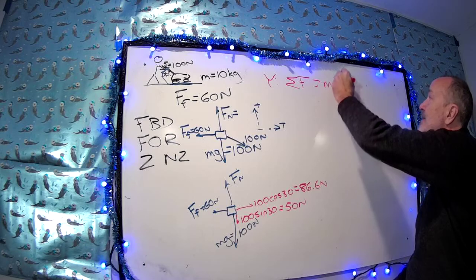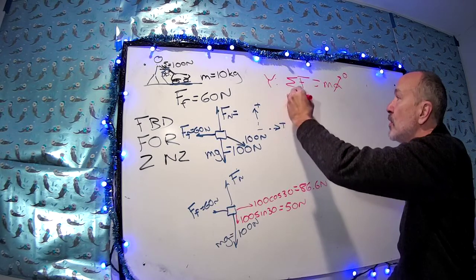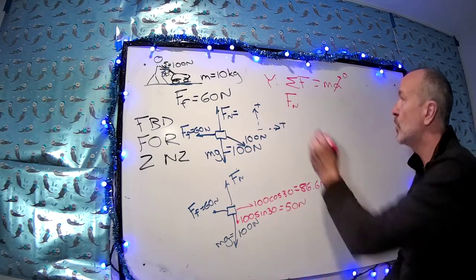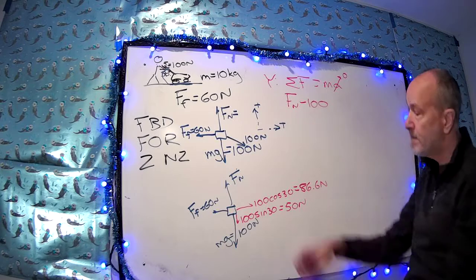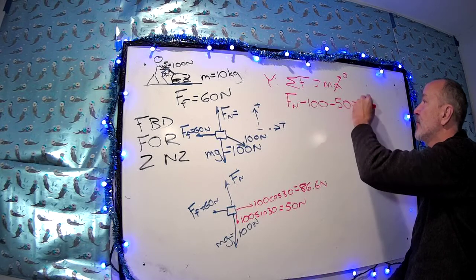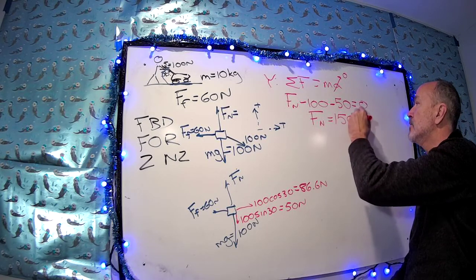So this acceleration is going to be 0. It's in equilibrium vertically. Normal force is in the positive direction, positive, minus 100, minus 50, those are pushing in the negative direction, equals 0. Normal force equals 150 newtons.